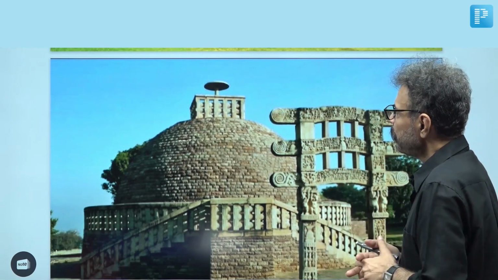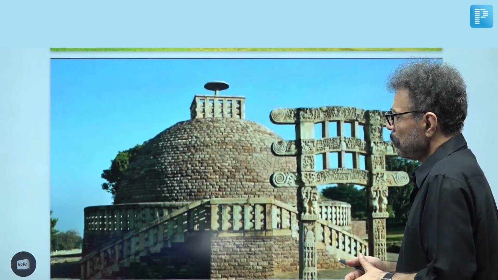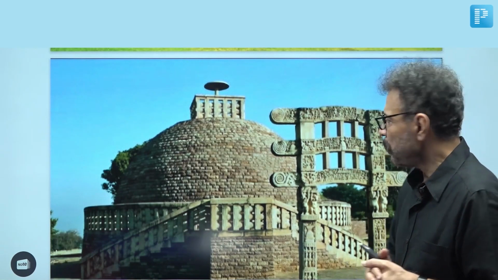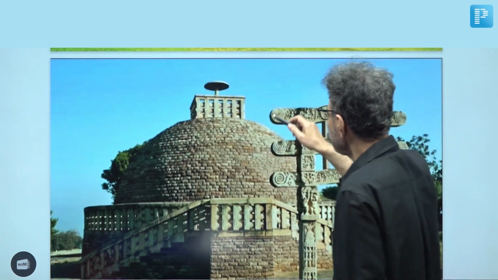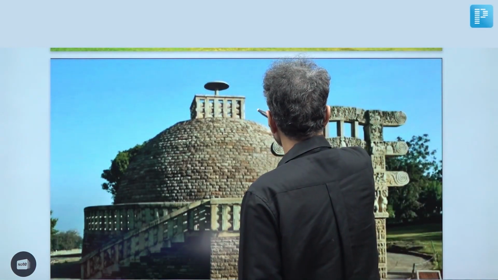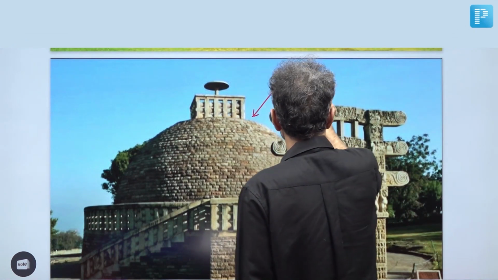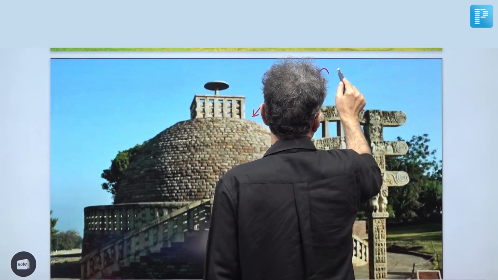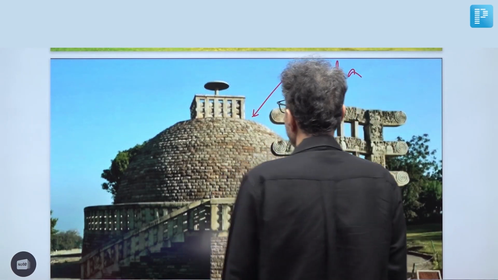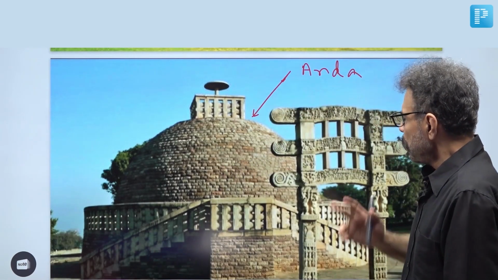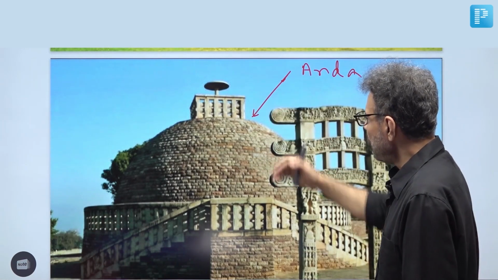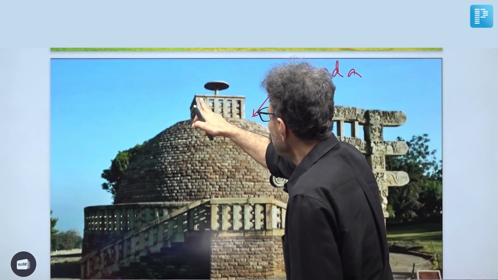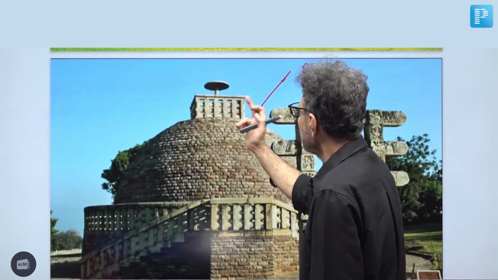Now take a look here, the features. First, the most fundamental is Und. That is what you find here. This is Und. Second, above the Und, this is structure having a railing.